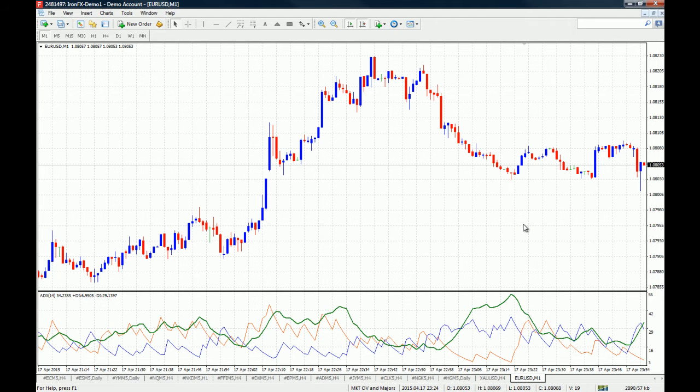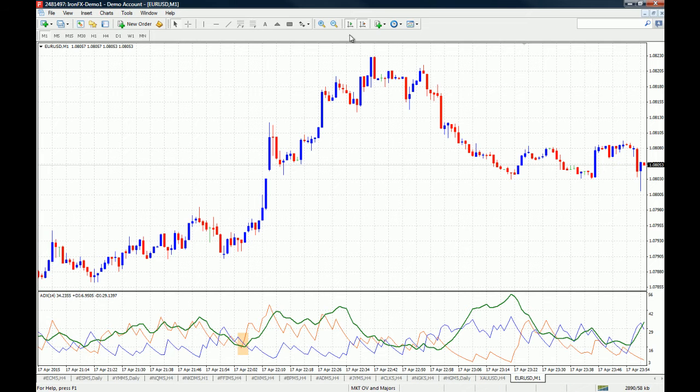Now you are going to use these two indicators to know when the trend is up and when the trend is down. And the easiest way to know, well, the only way to use it, is when the plus DI moves above the minus DI, such as in this case right here. This means that the trend is up, and the further they move apart, the stronger the trend is.